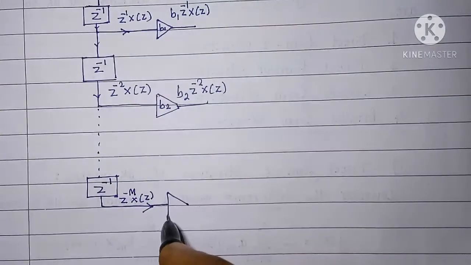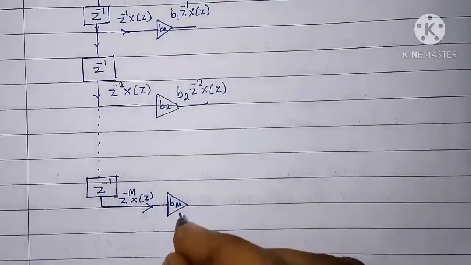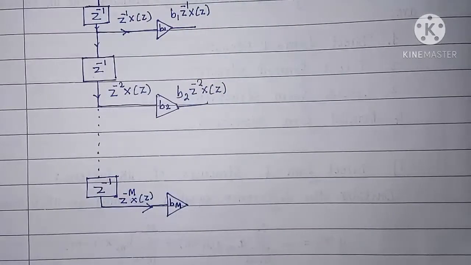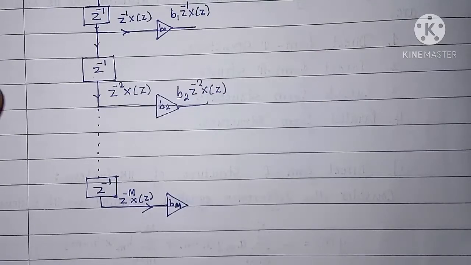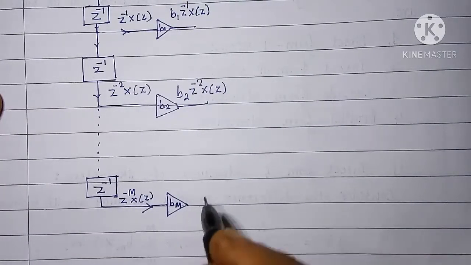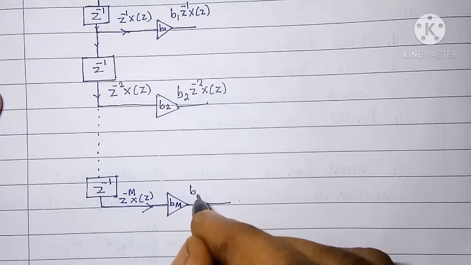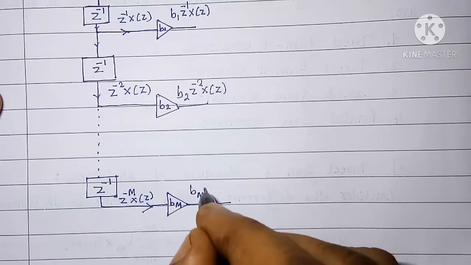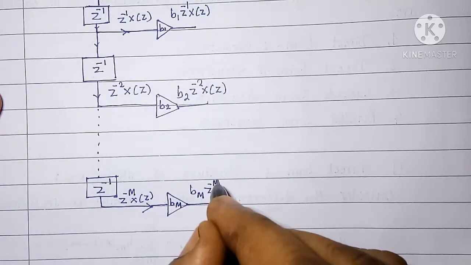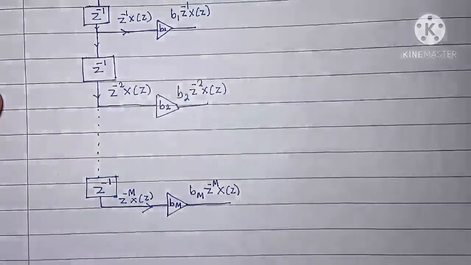Gain is bm, or constant to be multiplied with this term here is bm. So we get output as bm into z raised to minus m into x of z.